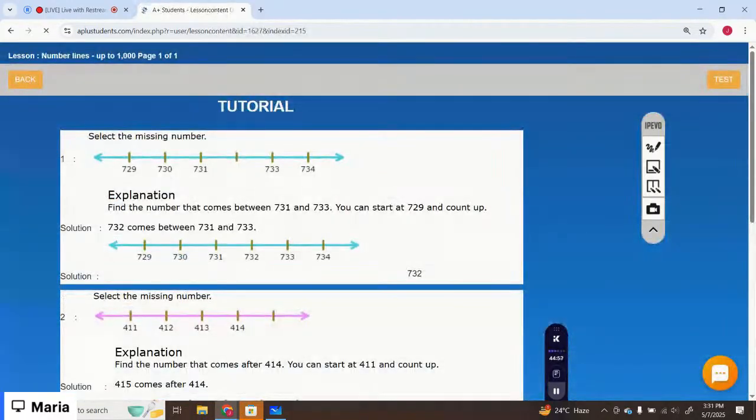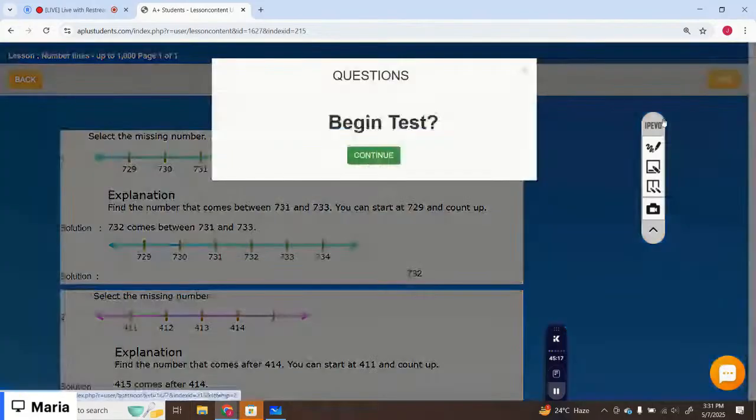Select the missing number. So find the number that comes between 731 and 733. So the number between 731 and 733 is 732. Let's just start with the test questions.